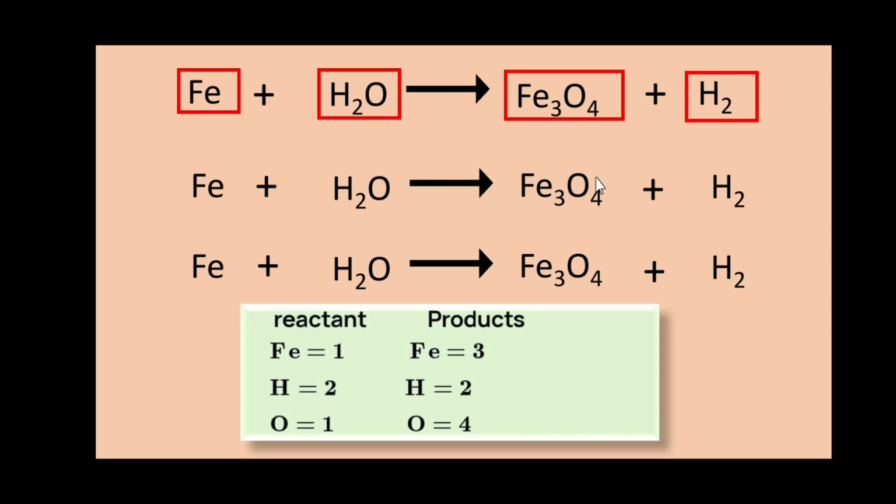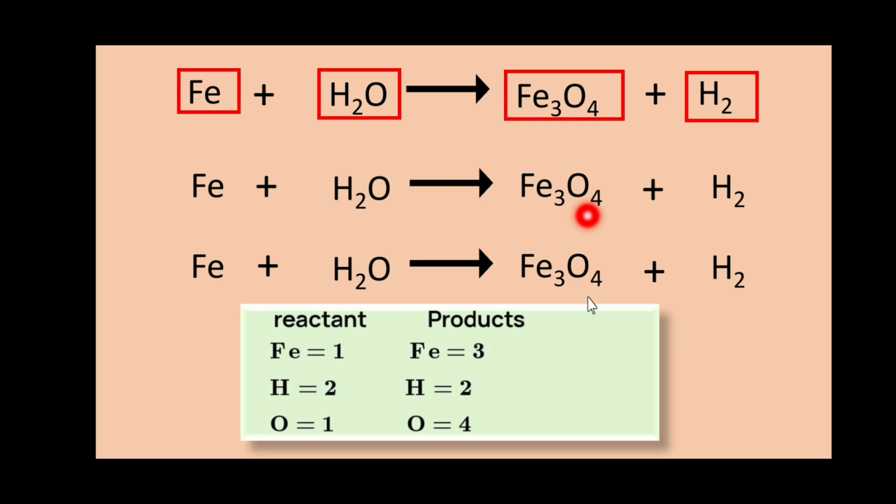Then, after listing the number of atoms on both sides, the third step is very important. We have to start balancing the chemical equation with the compound that has the maximum number of atoms, maybe product or reactant.